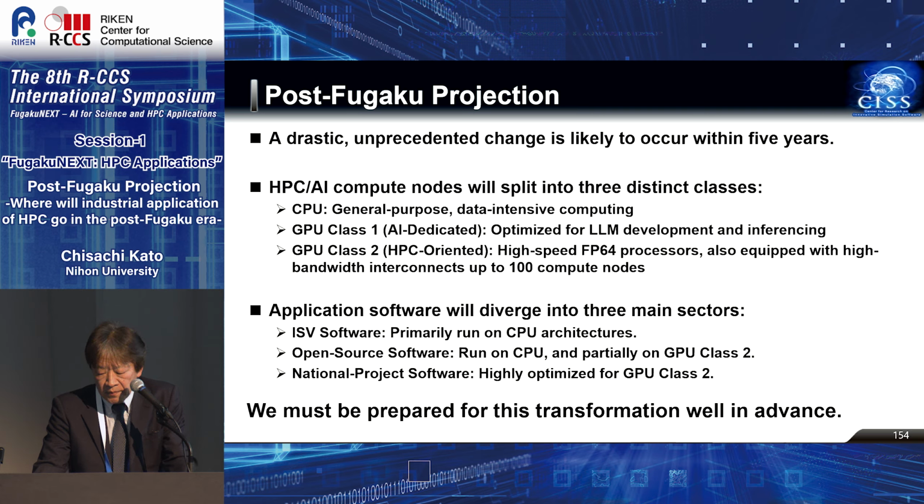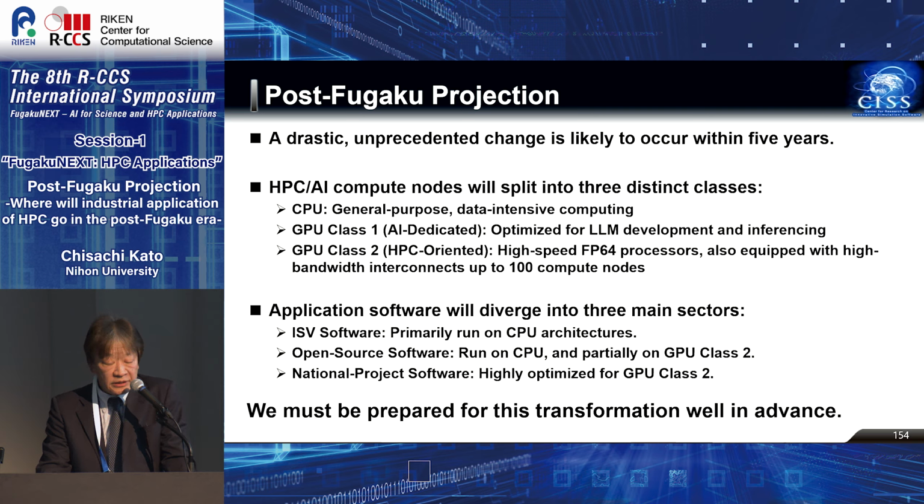Application software diverges into 3 main sectors as well. The ISV software primarily runs on the CPU architectures, because it's not easy to port legacy code to the GPUs, as you may have understood. Open source software probably runs on both CPU and GPU as well.